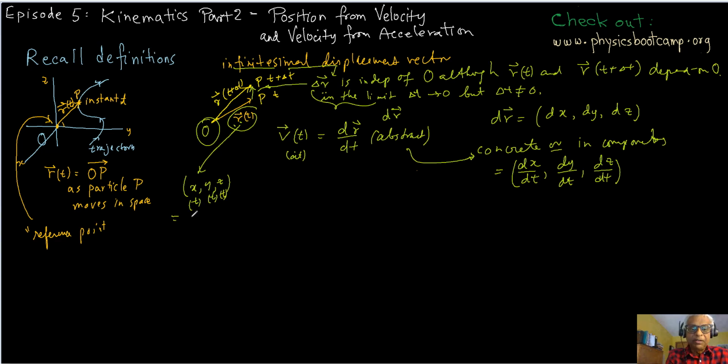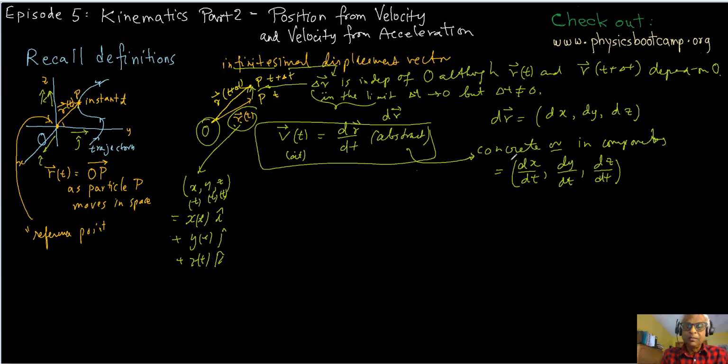If you wanted to write it in vector notation, it will be x(t) i hat plus y(t) j hat plus z(t) k hat, where i hat, j hat, k hat are the unit vectors. Along this is i hat, along this is j hat, along this is k hat. Okay, so this is abstract and this is concrete.